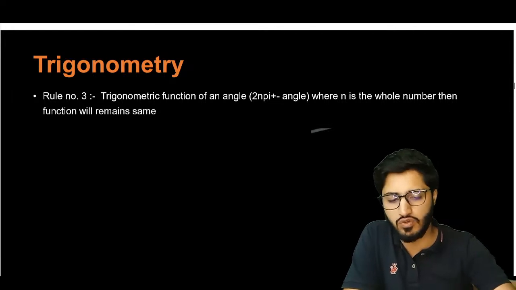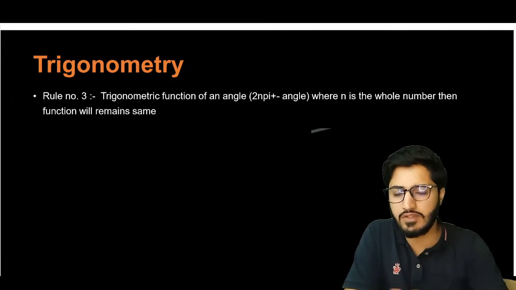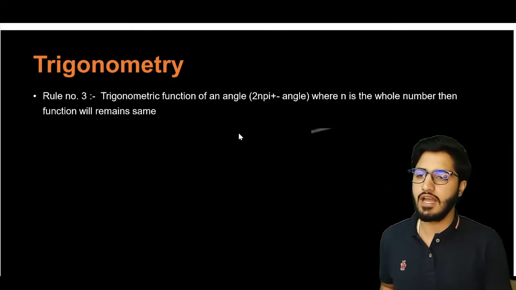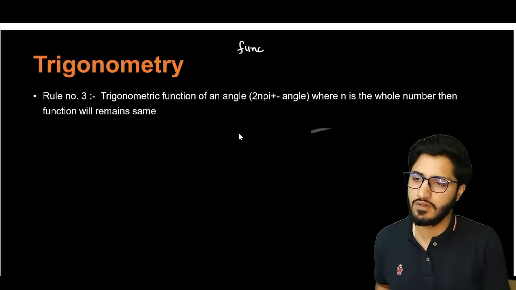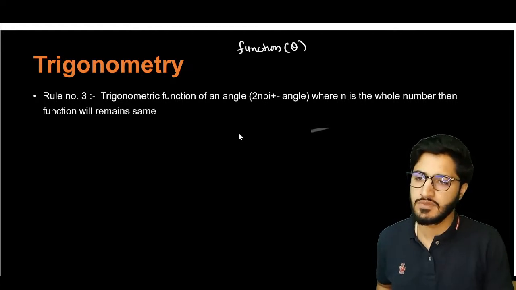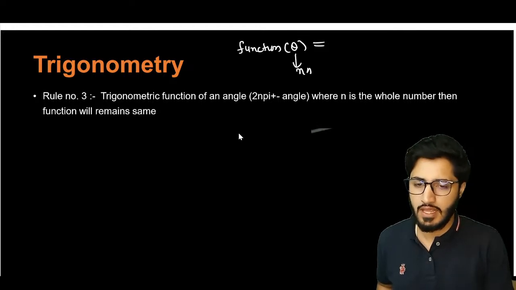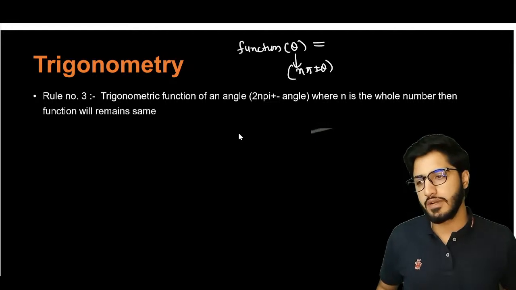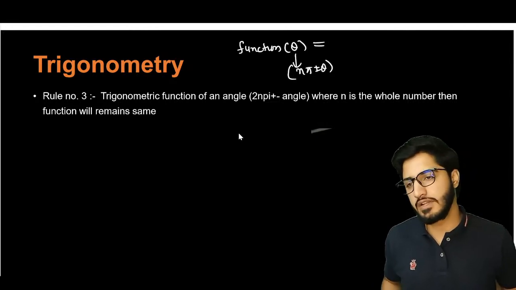Now we have the third rule for the trigonometric function of any angle. If we have any function of an angle theta and we are able to break it down into n pi plus or minus theta, where n is a whole number, then the function will remain the same.